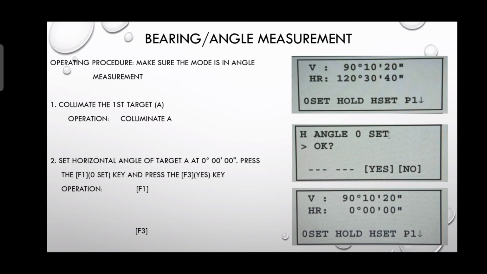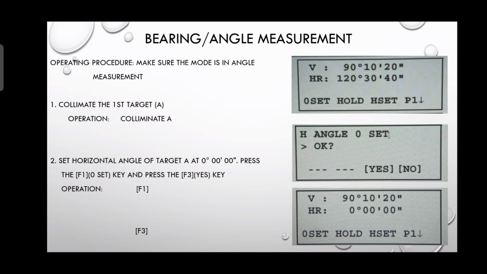Next is bearing angle measurement. First, before we start, make sure the mode is in angle measurement. First procedure of this bearing measurement is to collimate the first target, A. Operation is collimate A. The display will be like the first picture.